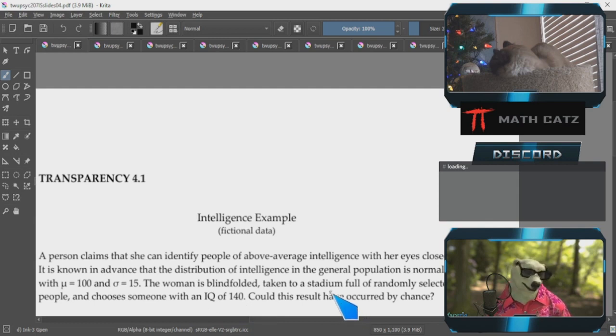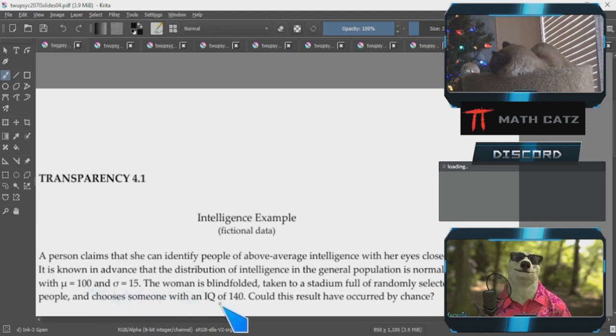Or a better question is, is the stadium truly full of randomly selected people that represent the population? Because the population mean, the average intelligence quotient, is 100.